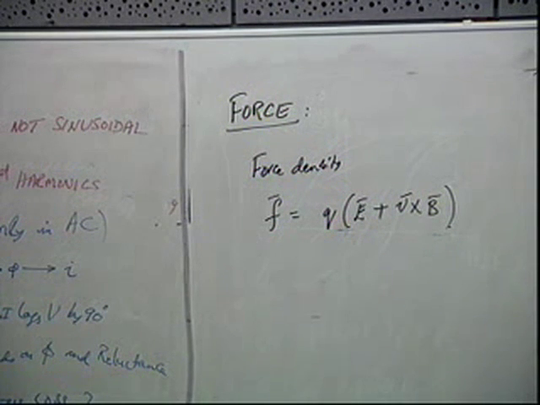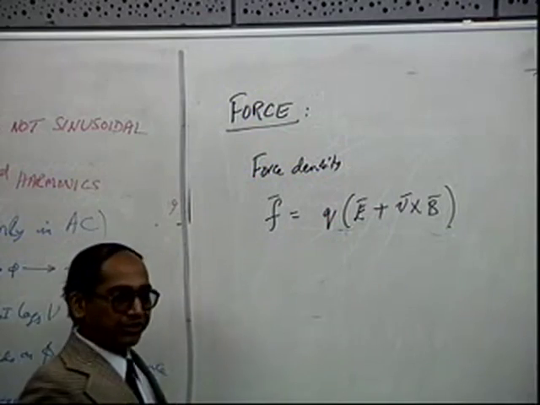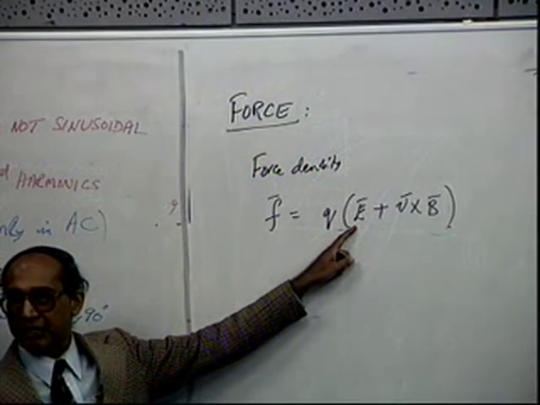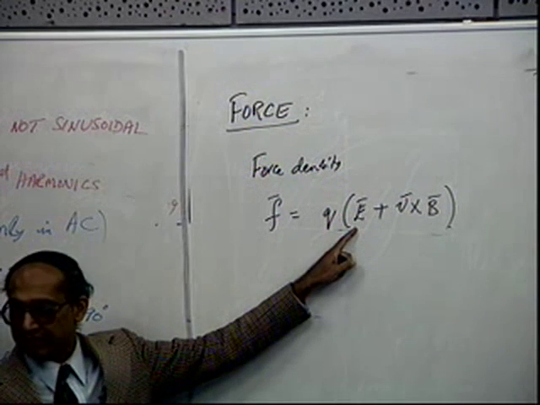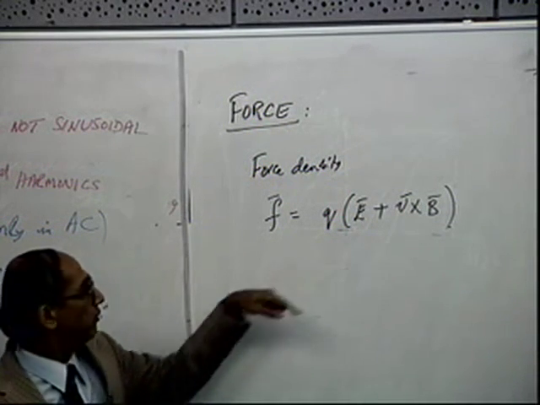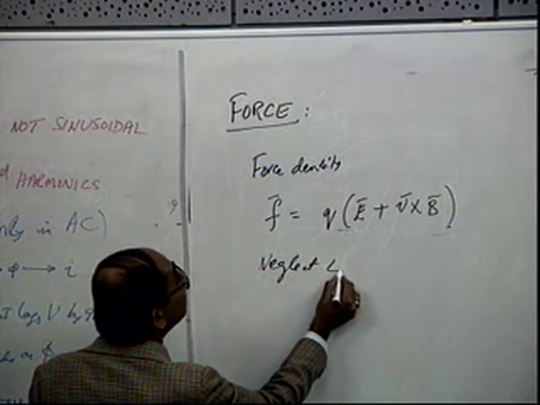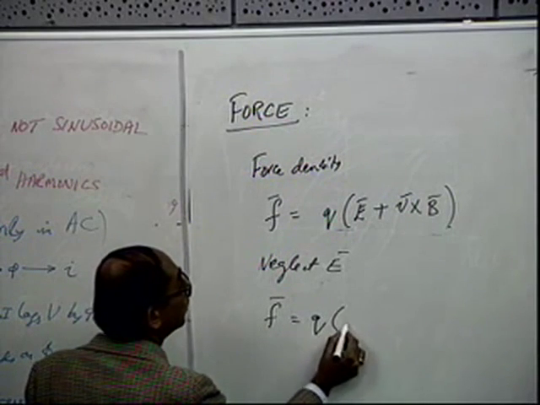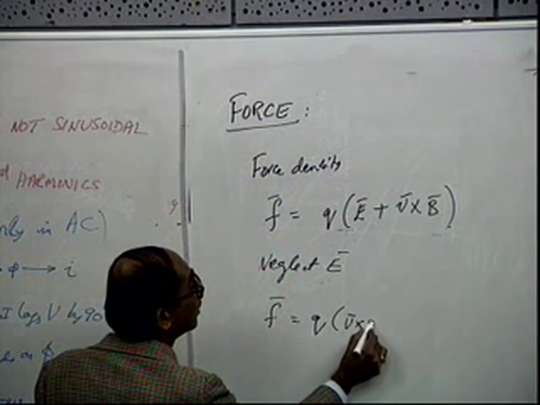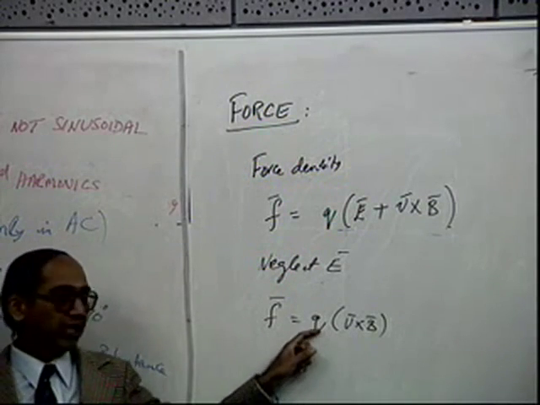Now in most of the circuits that we are dealing with, we have seen that the electric field is considerably smaller in most of the conductors. Therefore we can neglect E and we can write that the force is Q into V cross B, because we have one component of current which is due to the movement of charges.